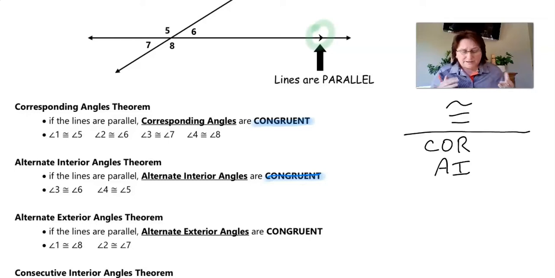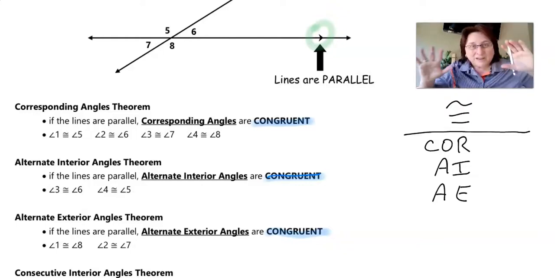Let's move on down. Alternate exterior angles. Remember, alternate exterior are outside of the lines, and they alternate across the transversal. If your lines are parallel, then your alternate exterior angles are also congruent.